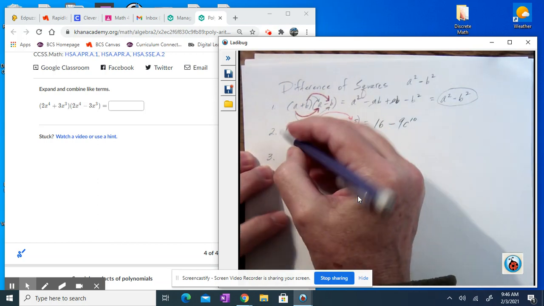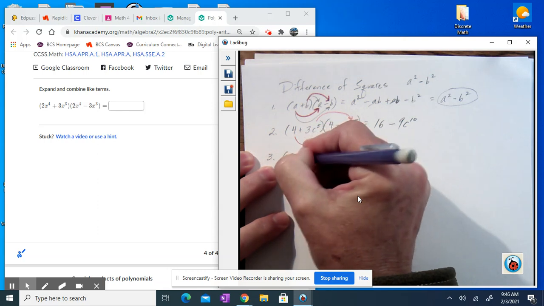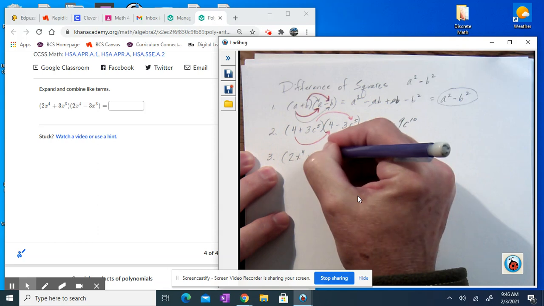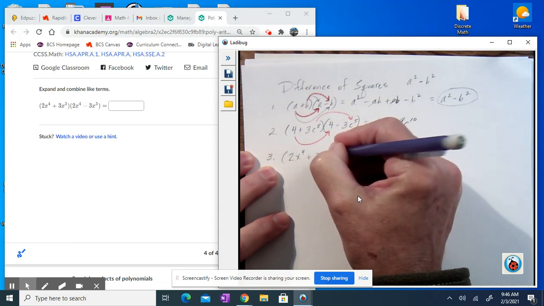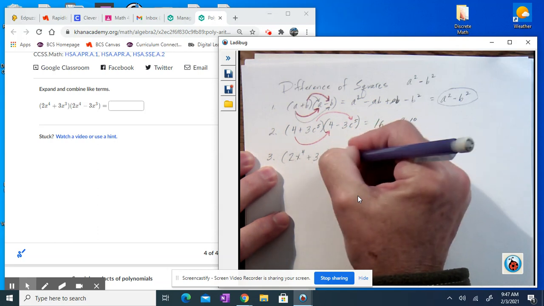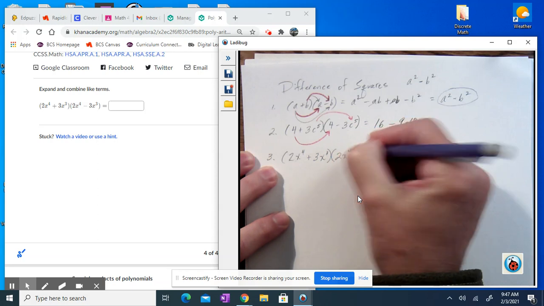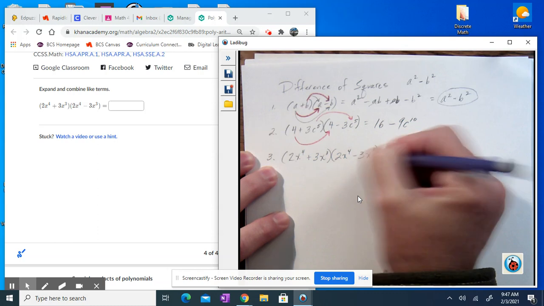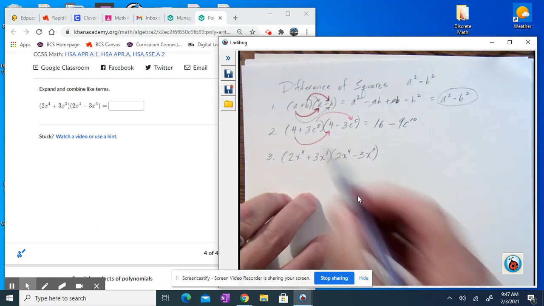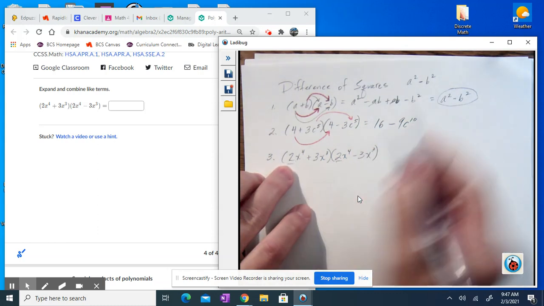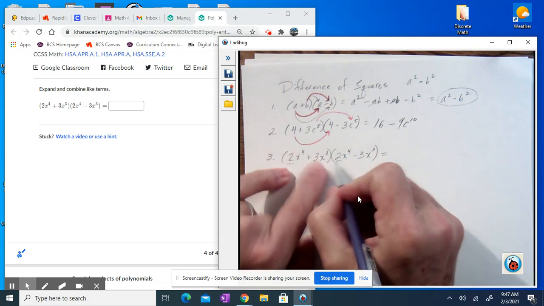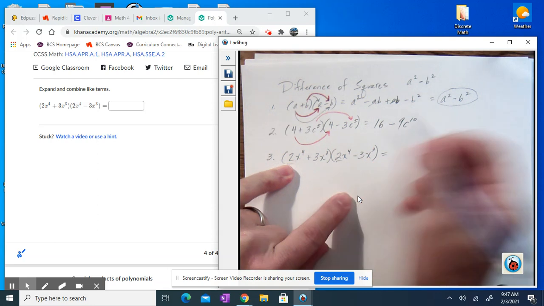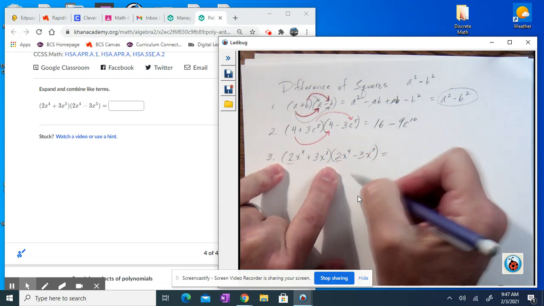So 2x to the fourth plus 3x cubed times 2x to the fourth minus 3x cubed. I just do the first and last terms. Since they're obviously a difference of squares, you can see they look identical except this one's plus and this one's minus. That's how you recognize the difference of squares.